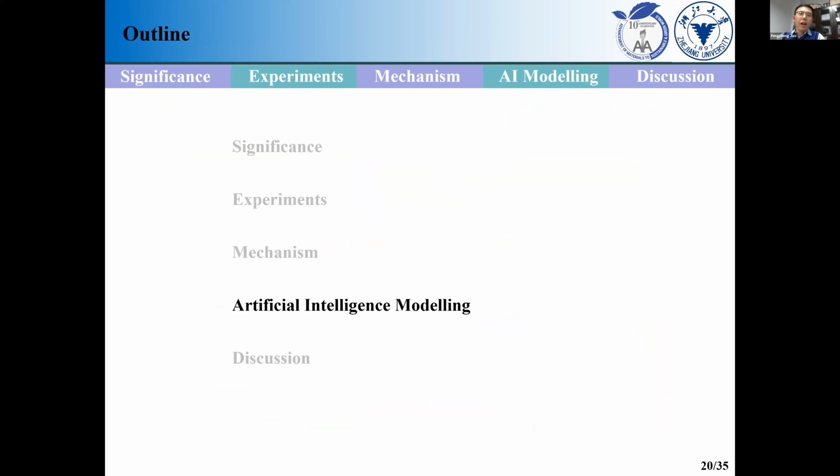Okay, and next, let's go to the artificial intelligence modeling for mechanical metamaterials. And I think the very first question is why we want to bring artificial intelligence into mechanical metamaterials, right? So why is it important to us?